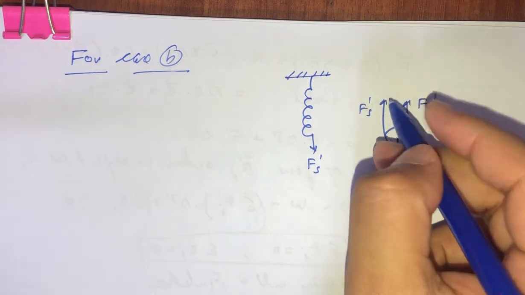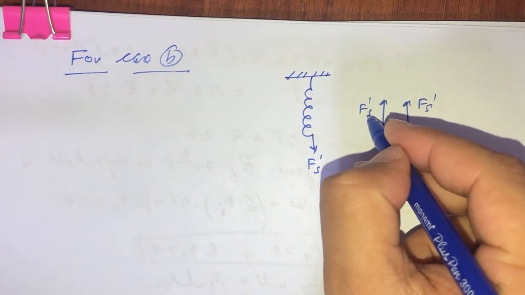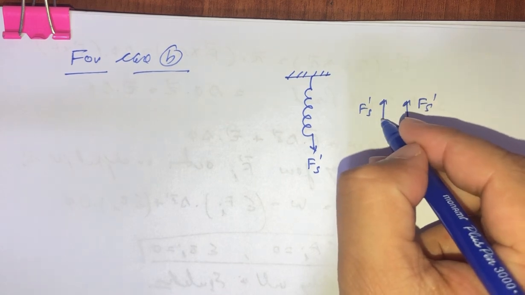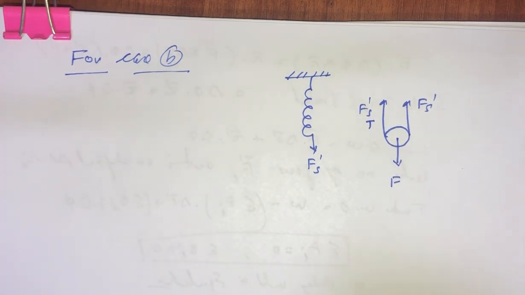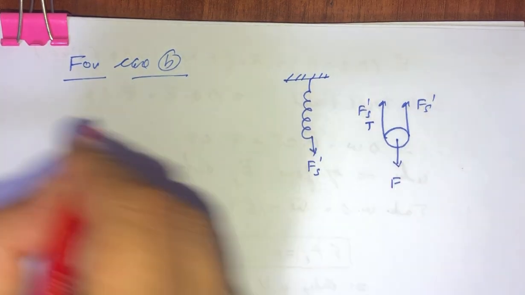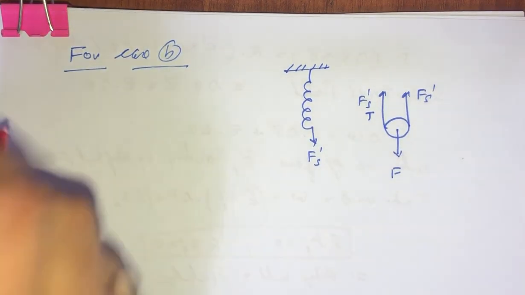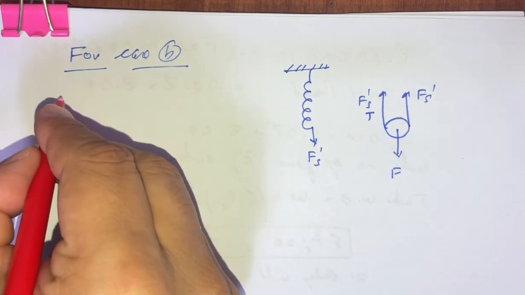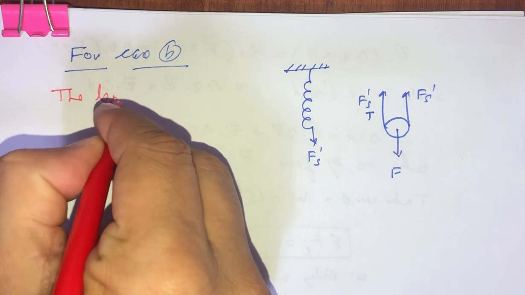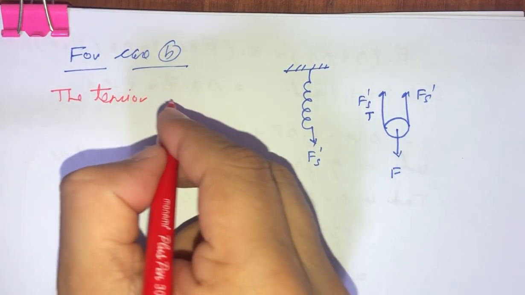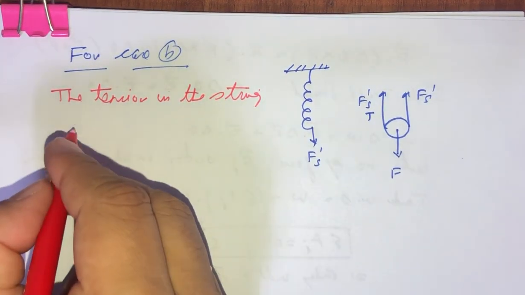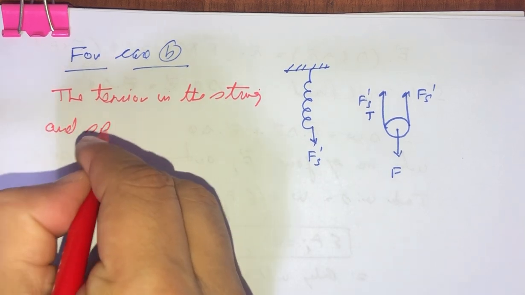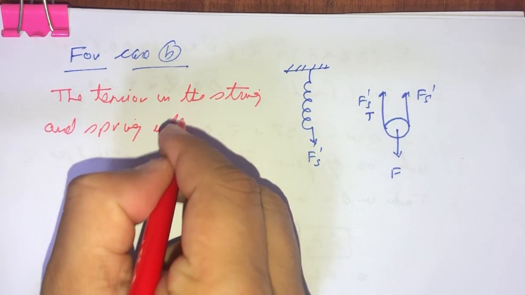Now in case we are confused with this Fs, let us say that it has a tension T. Later on we can prove that T is equal to Fs. The tension in the string and spring will be the same.